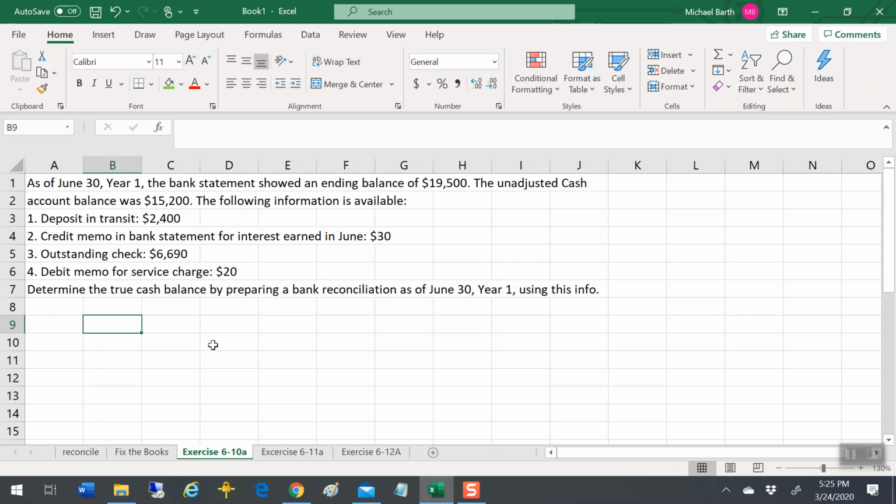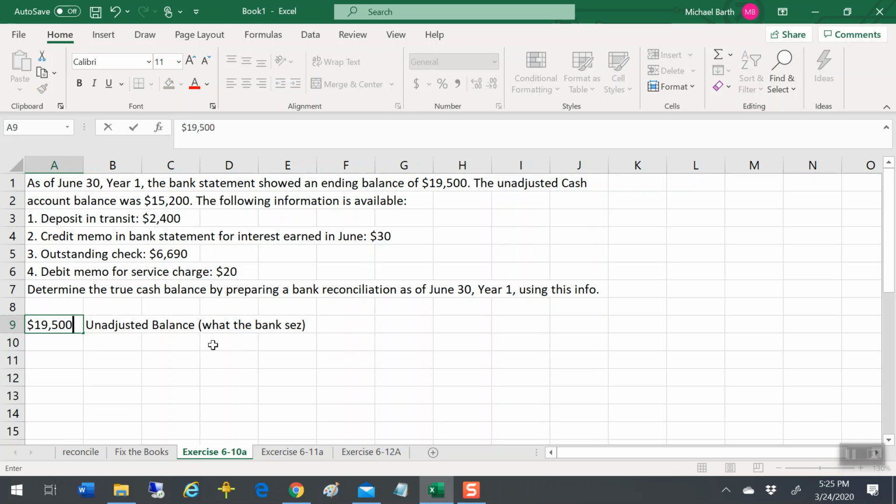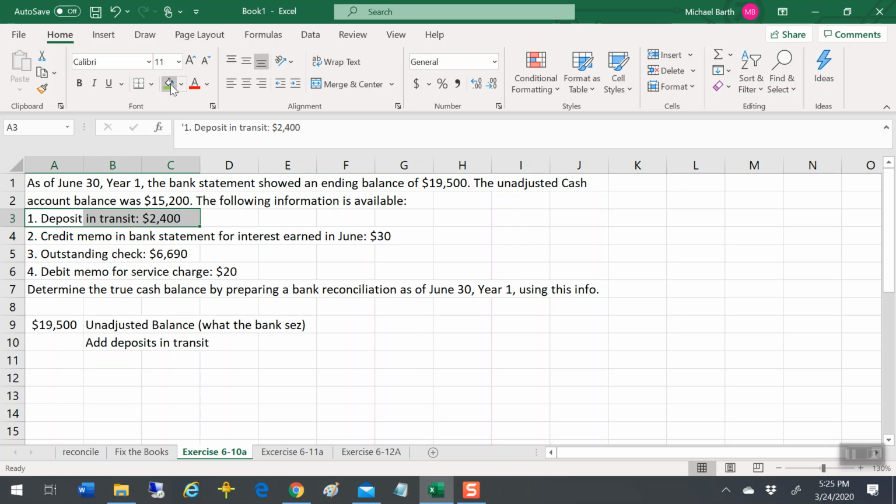Okay, so bank reconciliation, you start with the unadjusted balance. And this is what the bank says. The bank says you got $19,500 in the checking account. Okay, you want to add deposits in transit. That's just the information that you know about that the bank doesn't know about.